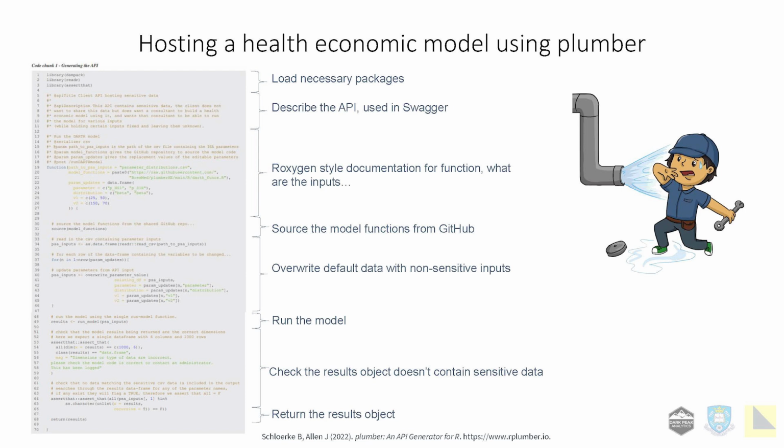So the script starts by loading some necessary packages. So we're going to need Plumber, for example. And then Plumber works, those of you that were in the course yesterday, it's probably taught much better than I can possibly describe it. But it's set up essentially how a function would be written with Roxygen comments. So it's Roxygen style documentation for the function.